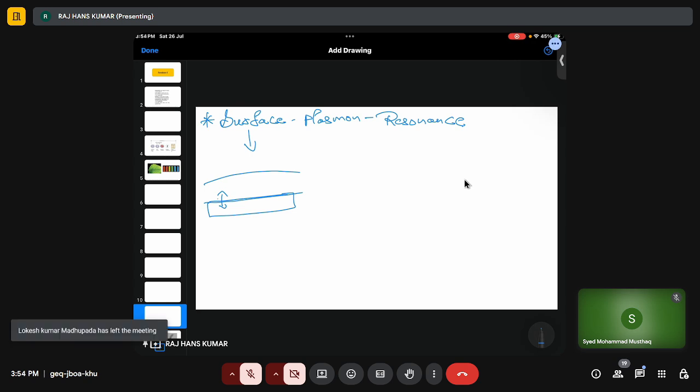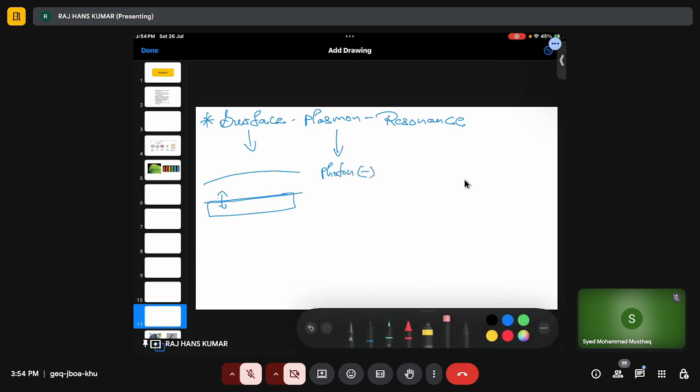Now, the next one is the plasmon. Again, what do I mean by plasmon? You people know photon, which is wave energy, right? Now, what is plasma?